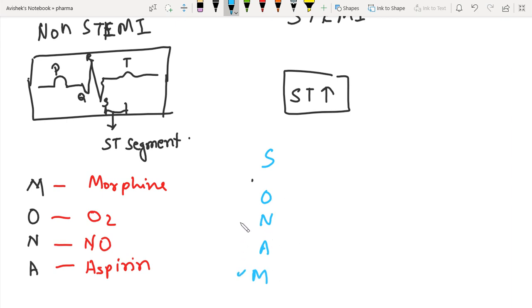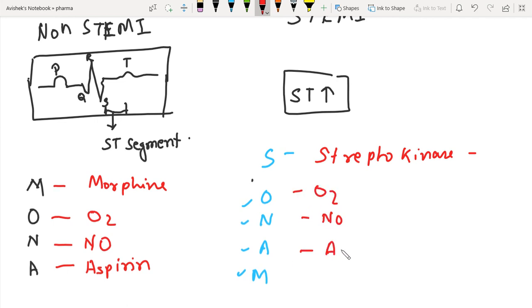Here you can see M-O-N-A are same. For the S we use one extra drug, which is streptokinase, only used in ST elevated MI. These are the same: oxygen, nitrate, aspirin and morphine.